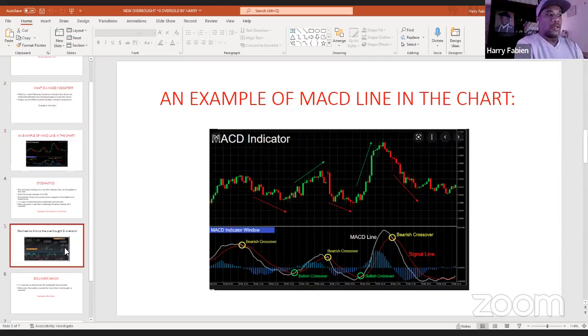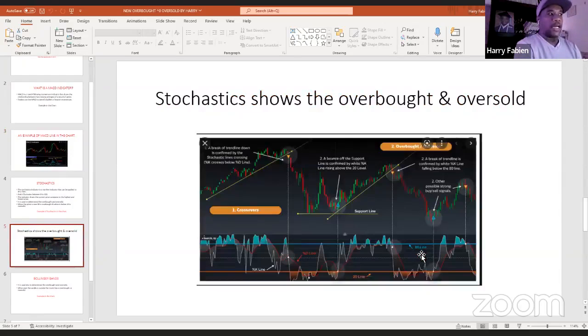Those two lines represent, the top one represents 80 and the bottom line represents 20. So whenever those two lines cross over 80 it is overbought, and cross below 20 it is oversold.